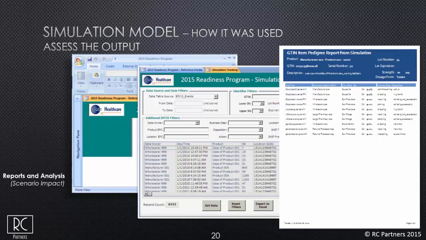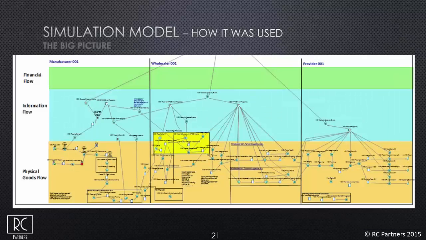So here's the big picture of the simulation, and I'll explain what you're seeing here. You see three different colored bands going across the simulation, and that's to differentiate between what that simulation is doing. If you've ever seen one of these simulations run, and I will show you this one running, when it runs, you see little balls running between these various objects. And so these objects are either four things.